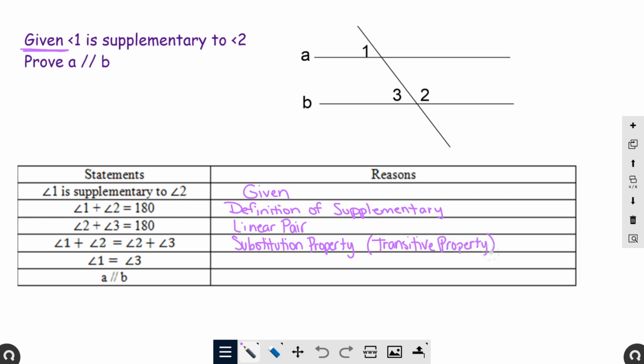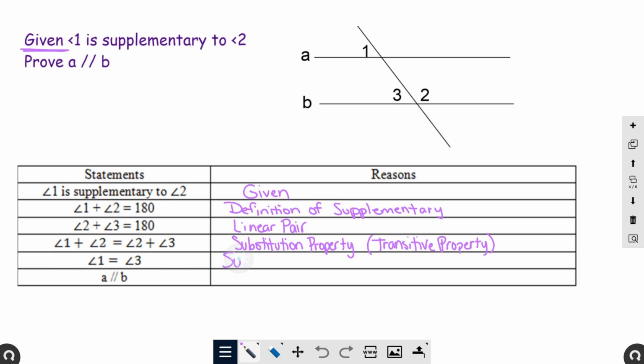So remember, reflexive is the same thing equals the same thing. So that would be like angle 2 equals angle 2. And symmetric is when you have angle 2 plus angle 3 equals angle 3 plus angle 2, where you just flip the order. All right, so what happened from this statement where we're adding stuff together to get to the next statement, angle 1 equals angle 3?